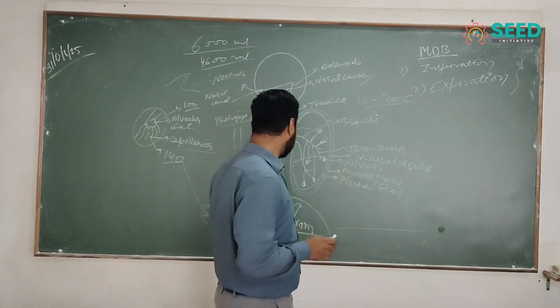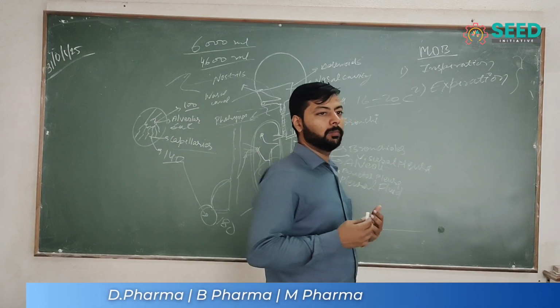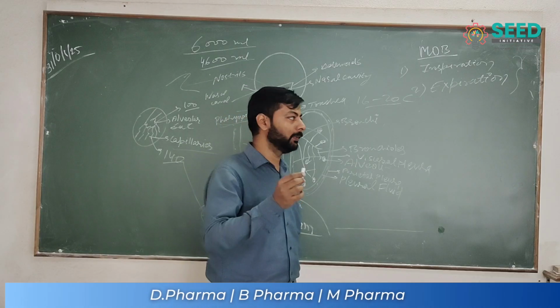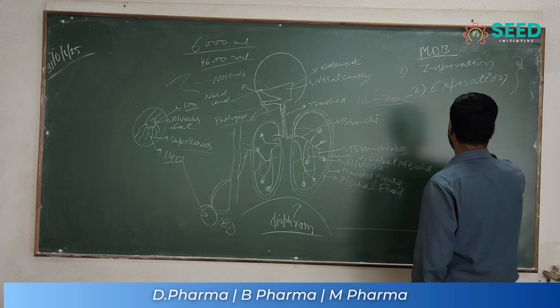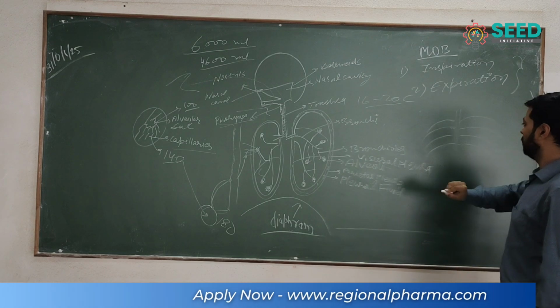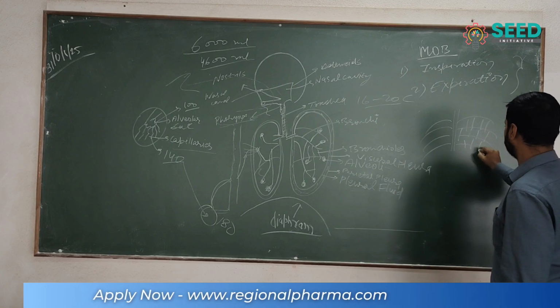In this process, the diaphragm has an important role, and the intercostal muscles also have a very important role. Suppose this is a diagram of our ribs, and the muscles are arranged in this series.